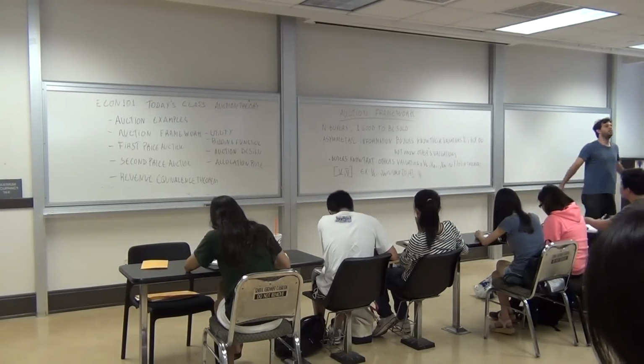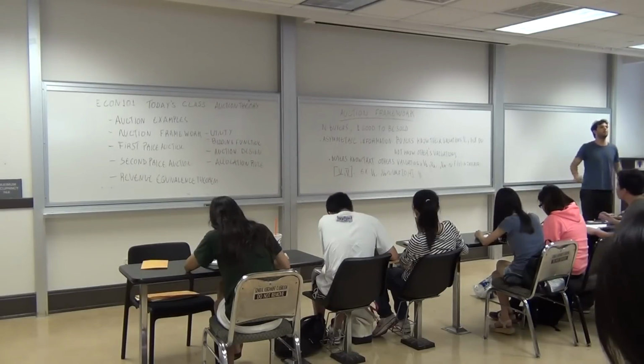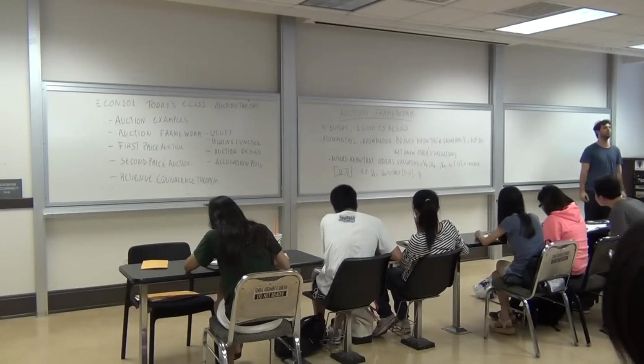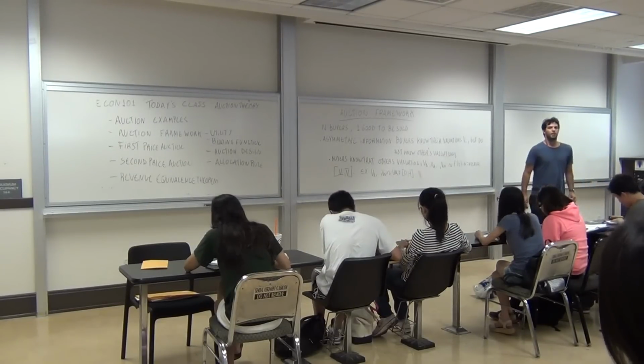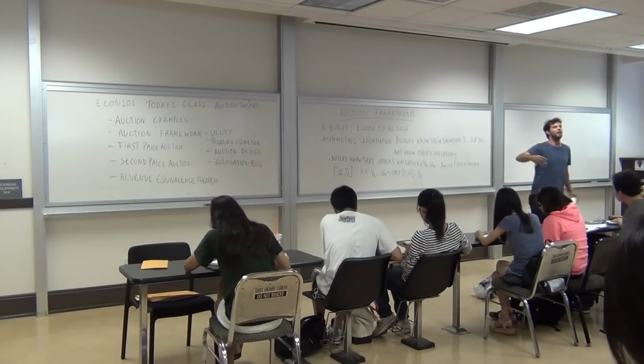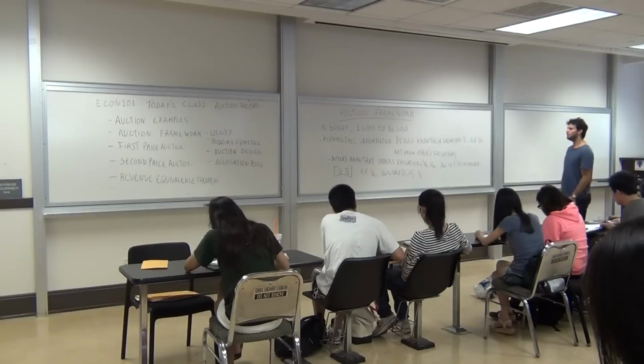Another example: I know that the valuations of the others come from a uniform distribution between 0 and 4. It could be anything from 0 to 4, and the possible values are uniformly distributed for the M&Ms. That's one example.